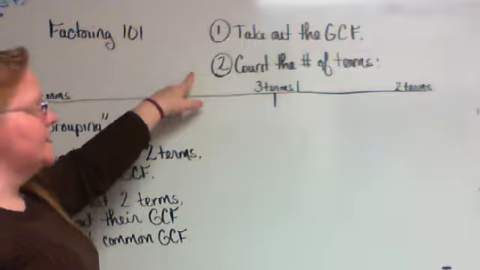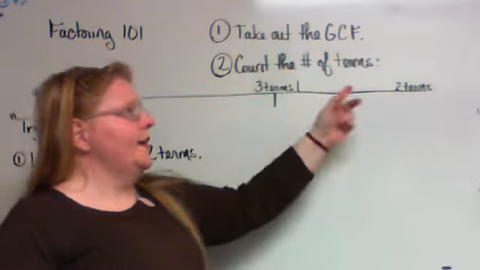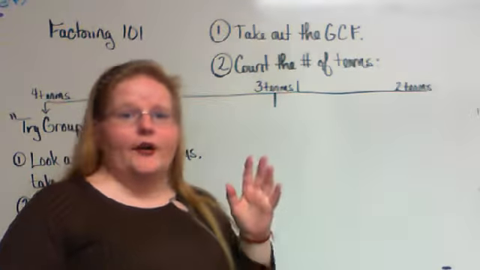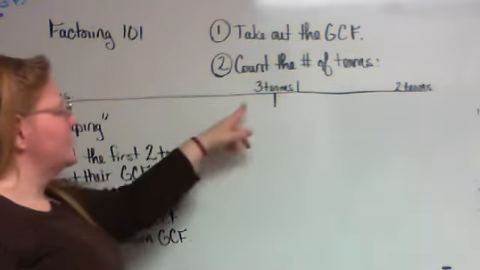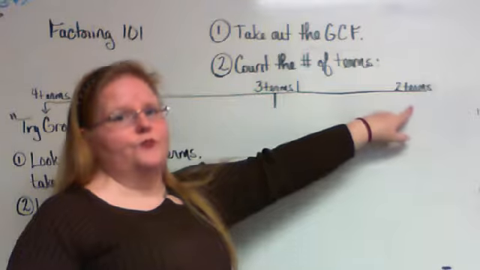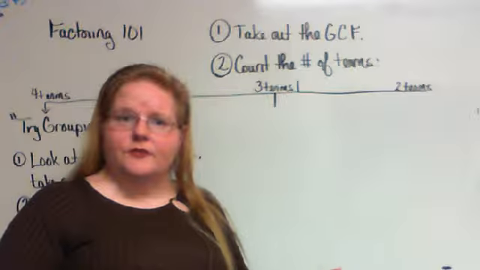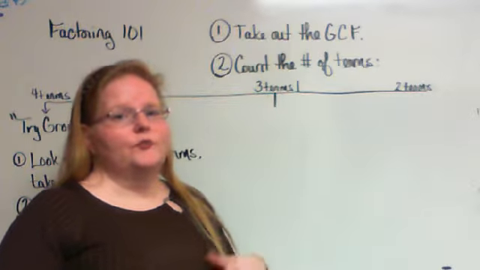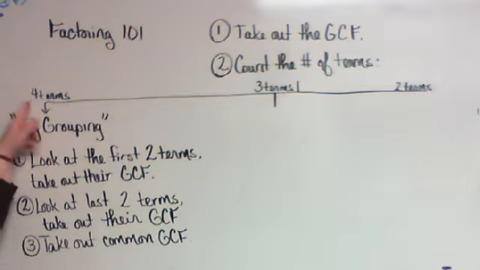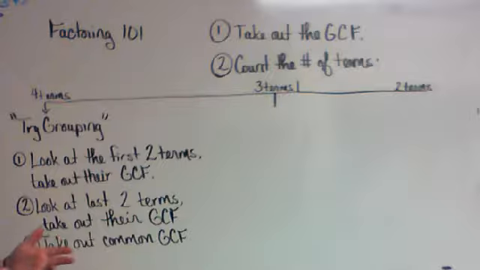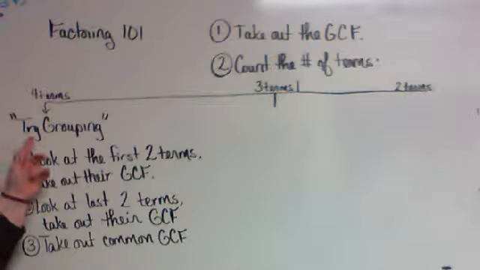So the second step in factoring is to always count the number of terms. You have 3 options. You can end up with 4 terms, 3 terms, or 2 terms. If you end up with something different, then there's an issue we need to deal with later on. If you have 4 terms, the only thing you'll be able to do is to try grouping.